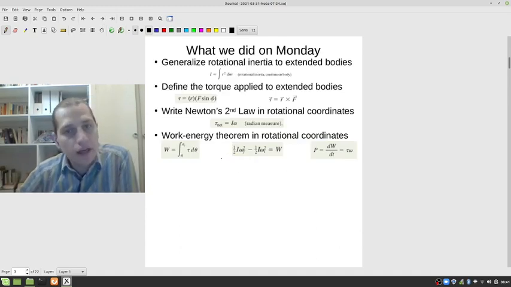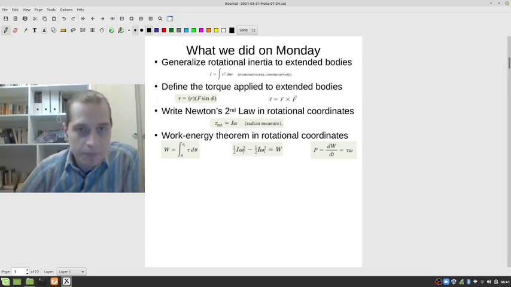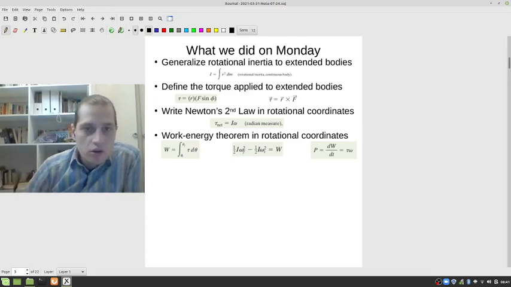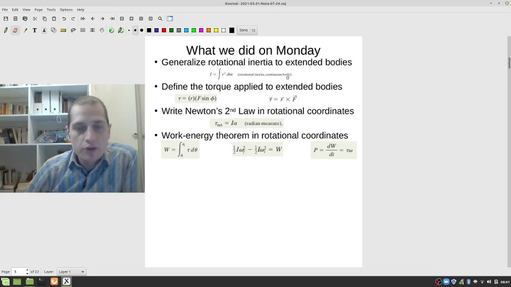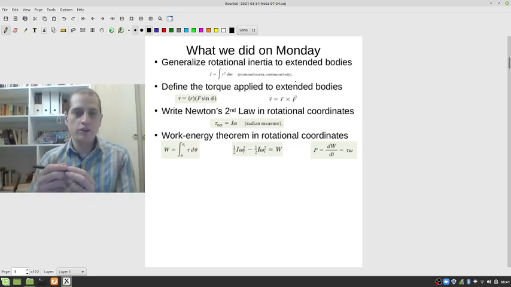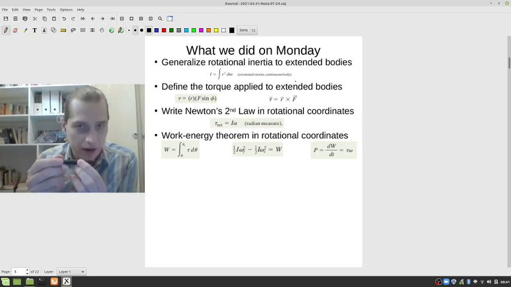Okay, on Monday we did quite a bit. We said, let's calculate that moment of inertia for a couple of different situations. So we did a bar, and we realized that the moment of inertia for a particular object doesn't just depend on the object, it depends on what point you're spinning that object around.